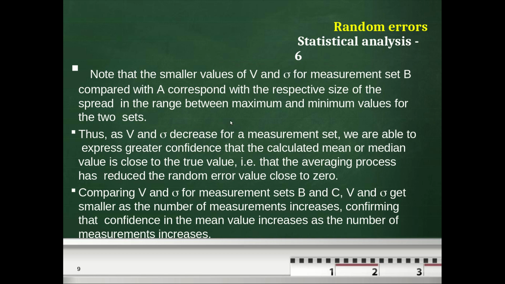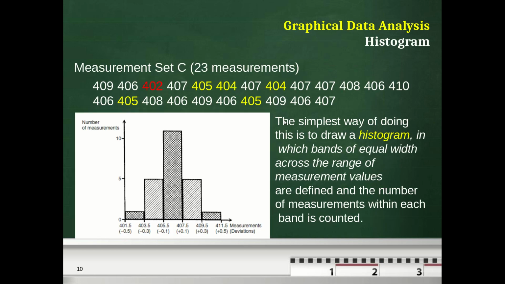Now you may notice that the smaller the value of the variance and sigma, the smaller the range between the maximum and minimum value of the two sets. So we can specify that if you draw the values of set C, for example, the measurements, you will see that all of them make this shape.